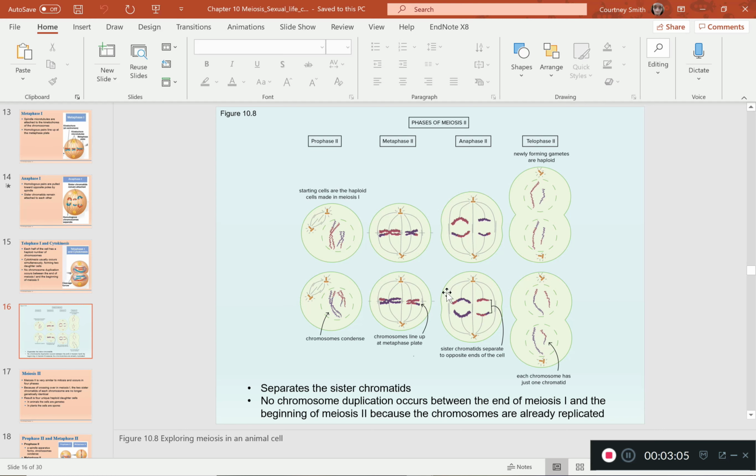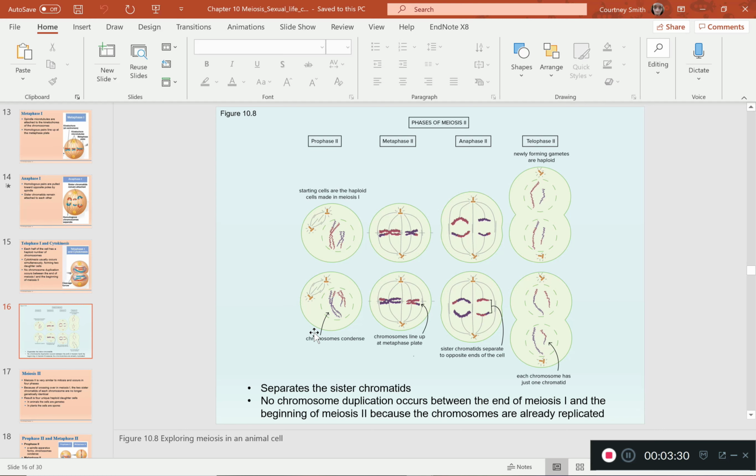In metaphase 2, they line up along the metaphase plate just like normal. Same thing with anaphase 2, they separate. In telophase 2, they also separate and form new cells. These cells are haploid, not diploid, followed by cytokinesis, just like normal.